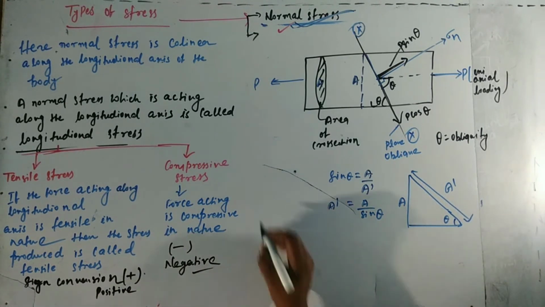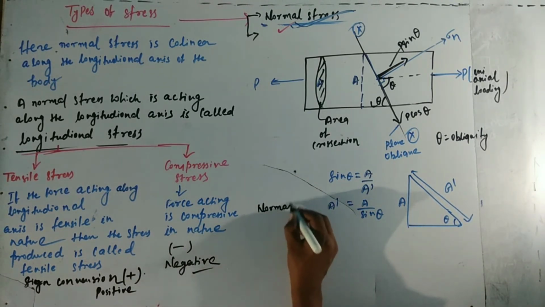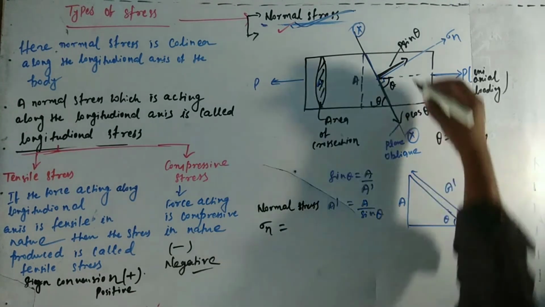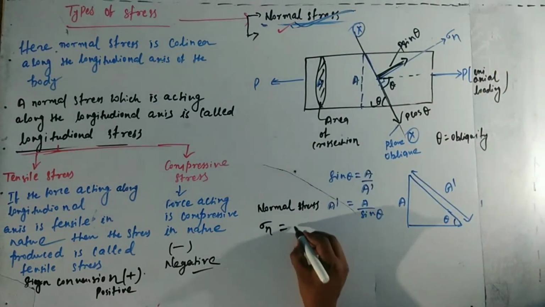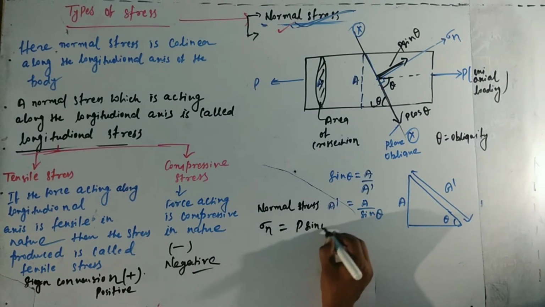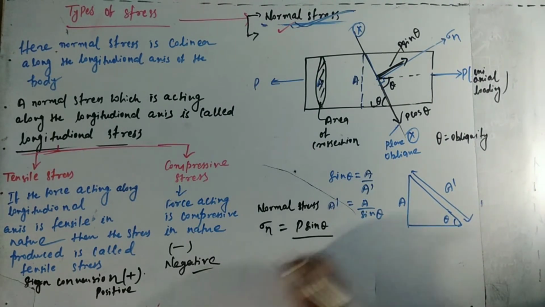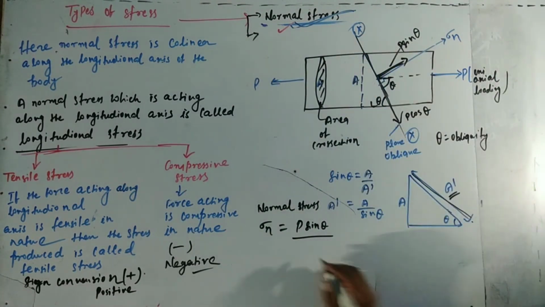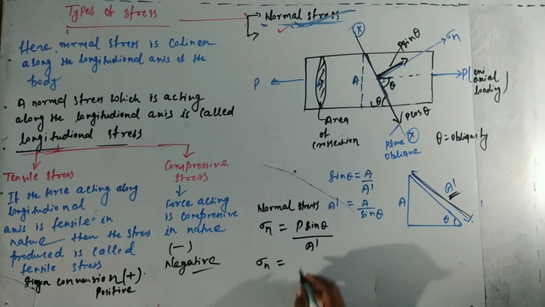So normal stress acting on the oblique plane, sigma n, equals p sin theta along the normal direction divided by the area of the plane, A dash. Sigma n equals p sin theta by A dash.